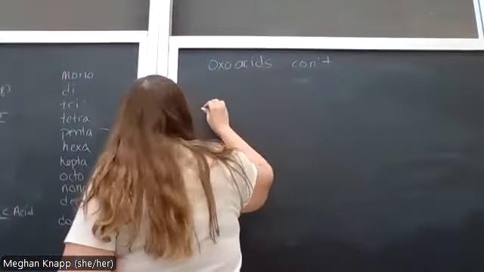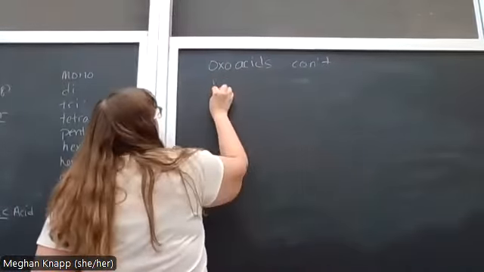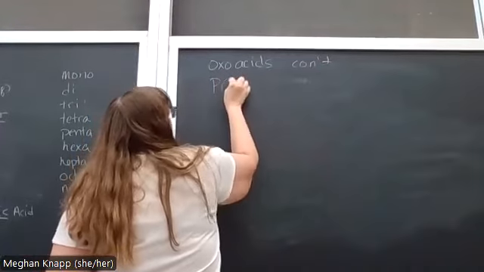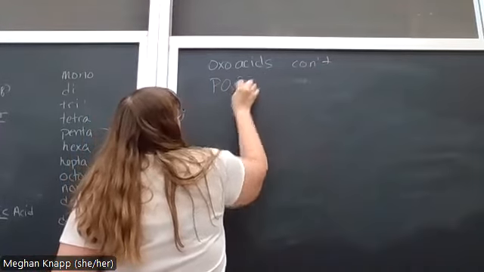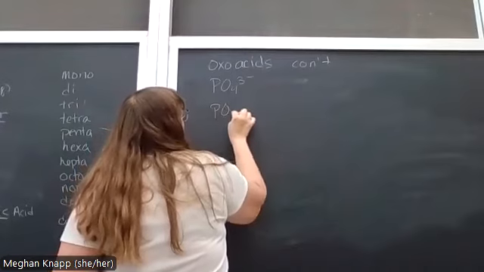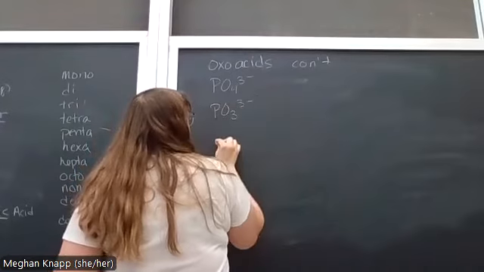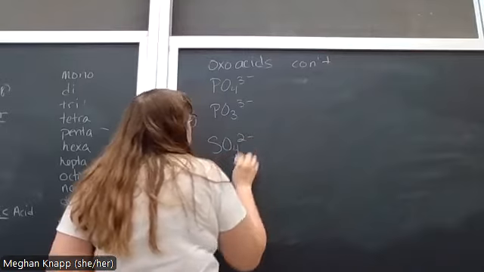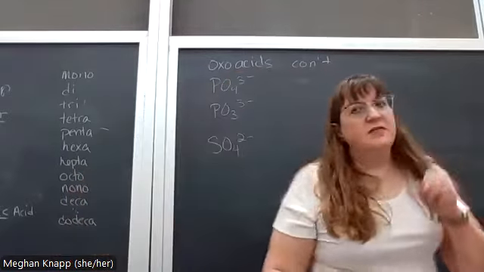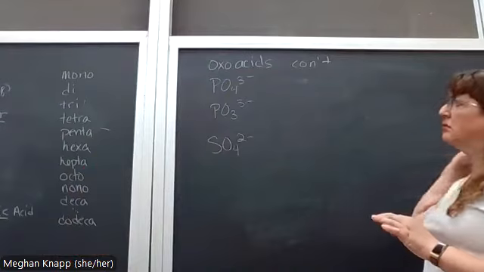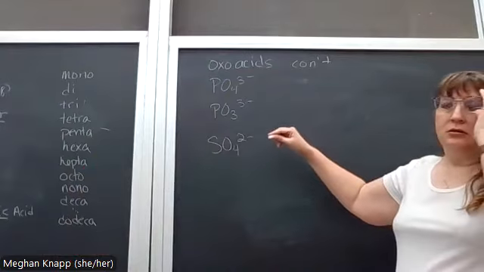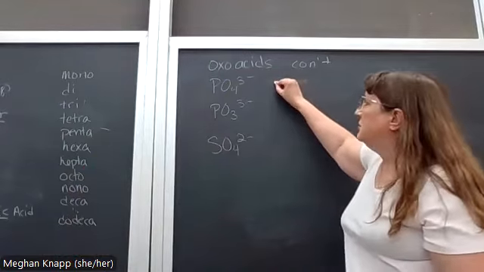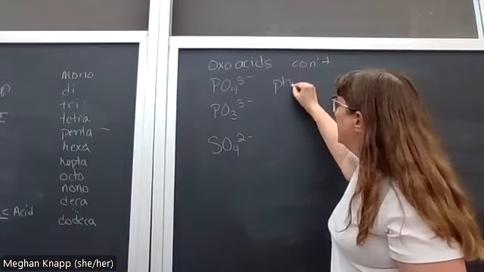So let's take a look at PO4 3 minus, PO3 3 minus, and SO4 2 minus. So what are the names of these ions? Phosphate.